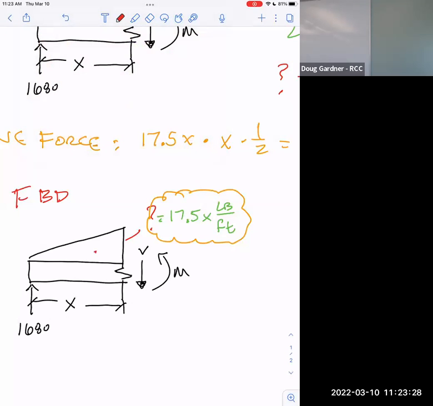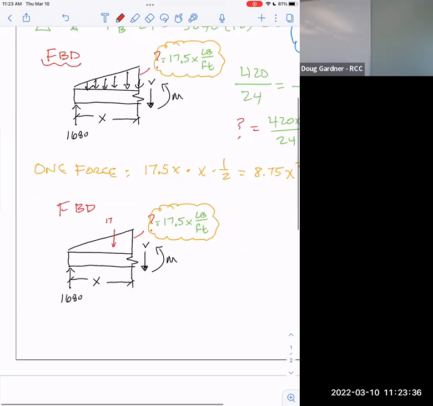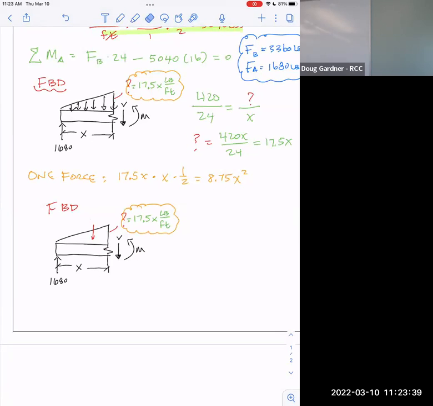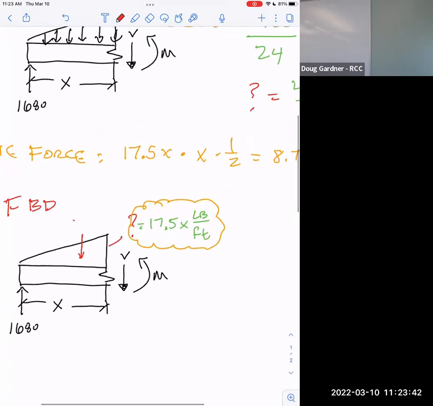That force would still be 2/3 of the way over, but it'd be 8.75 x squared. And maybe I should write its location in there. It's 2/3 of the way over from x, still point A. Now I basically have my free body diagram.